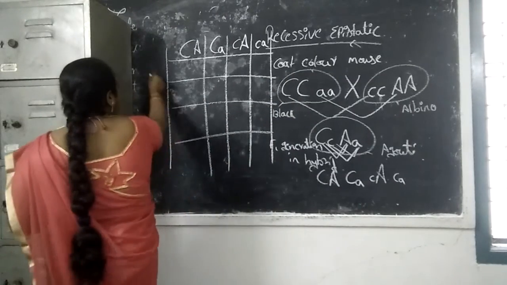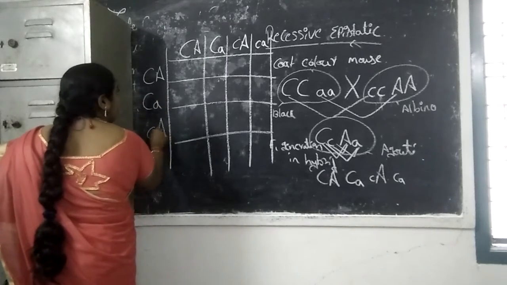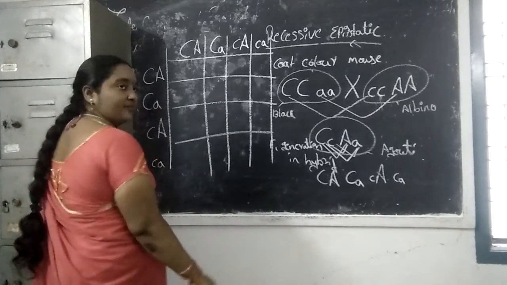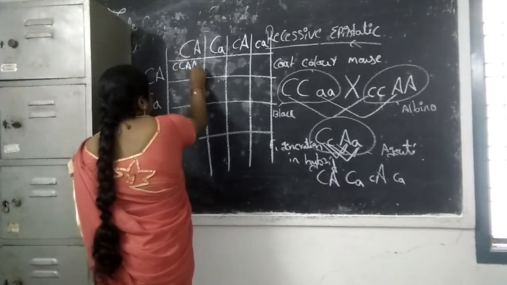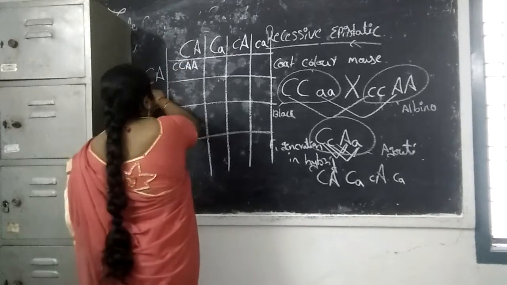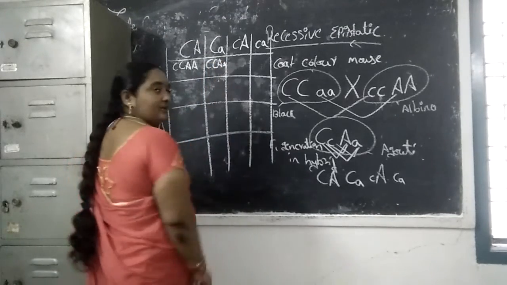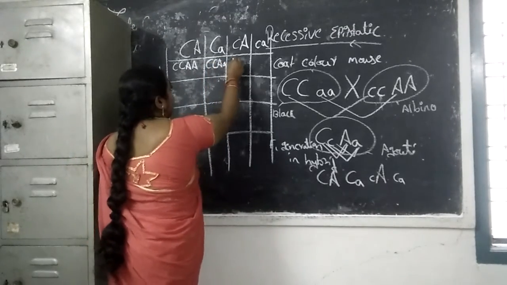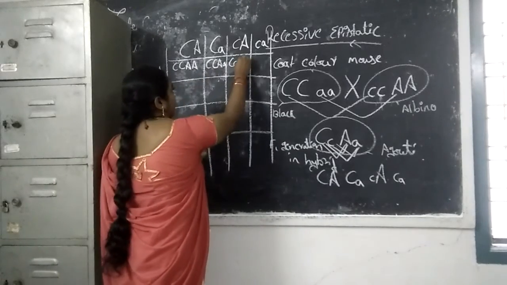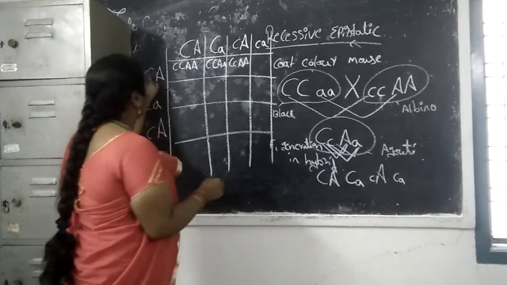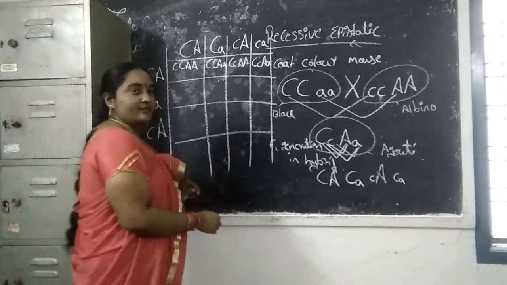Again, capital C capital A, capital C small c, capital A, small a. The next one, capital C, small c, capital A, capital A, and capital C, small c, capital A, small a.